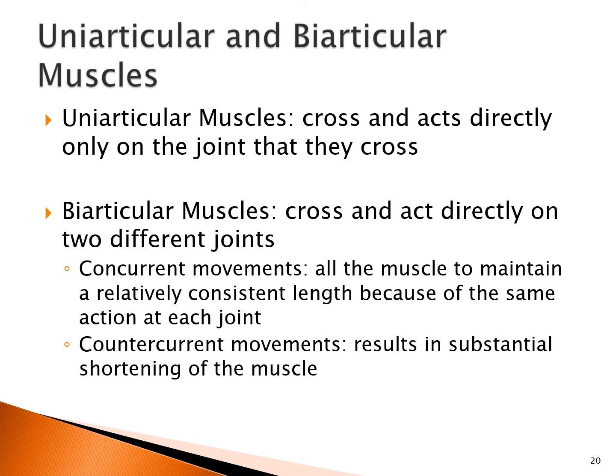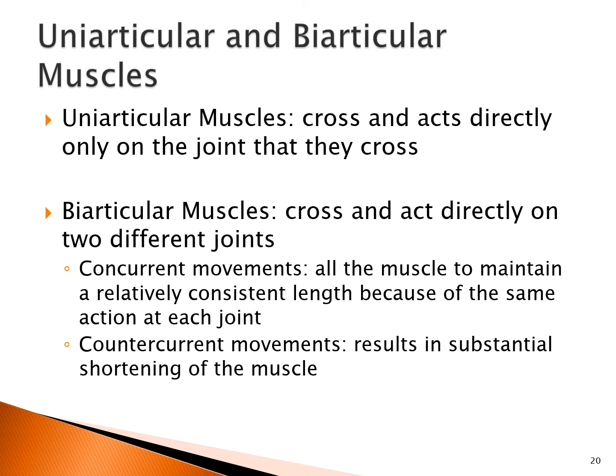So if I do both of those actions at the same time, I'm doing a countercurrent movement. Both of the actions are activated at both joints, and this will cause a substantial shortening of this particular muscle.